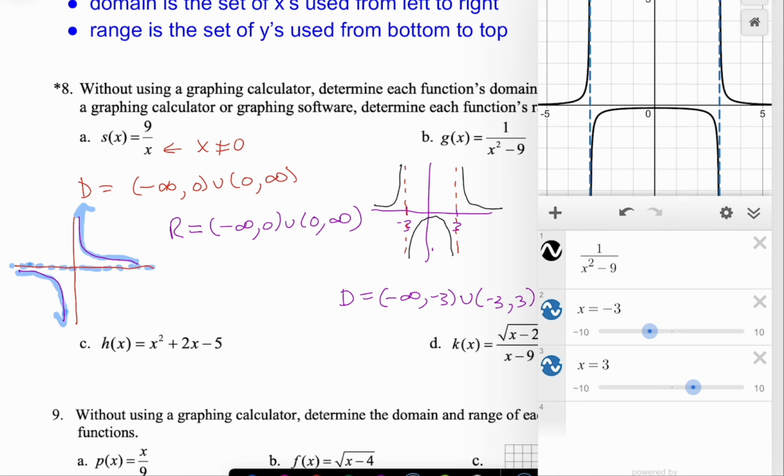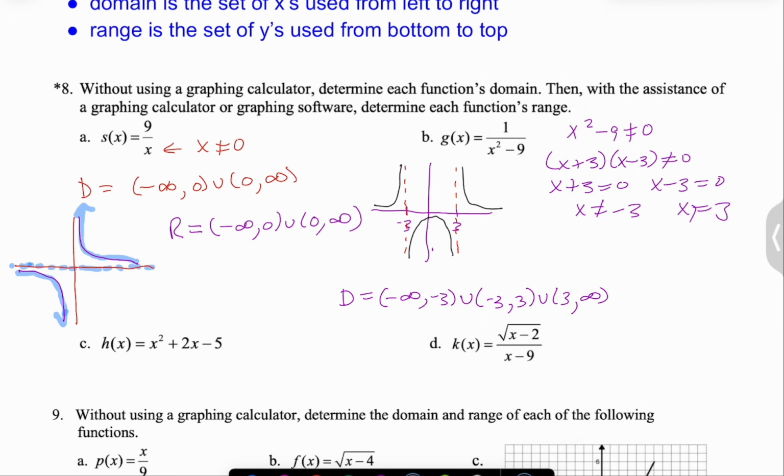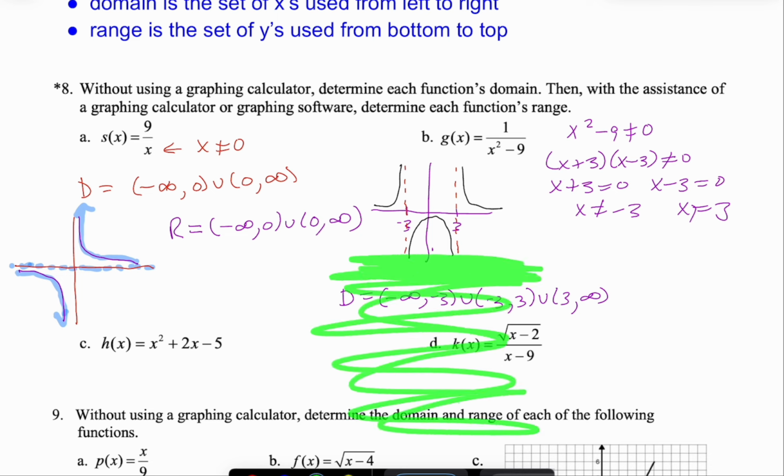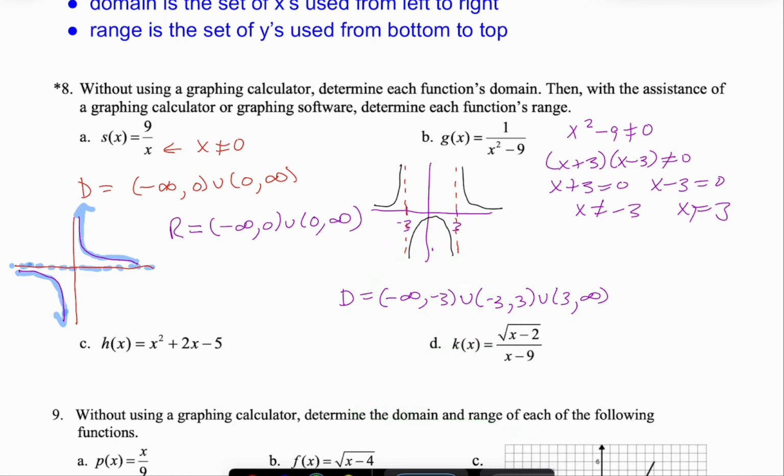Now, what does that tell us about our range? Well, we can have values going down, down, down. So our lowest is negative infinity. And then we can almost get 0. But let's see if we can use Desmos to give us the height that it exactly got to.